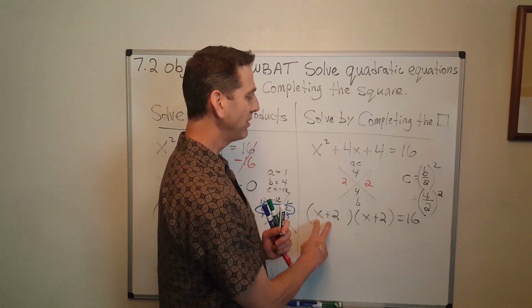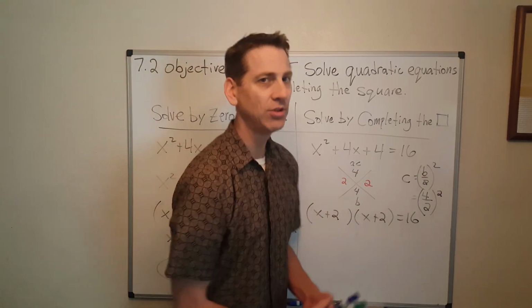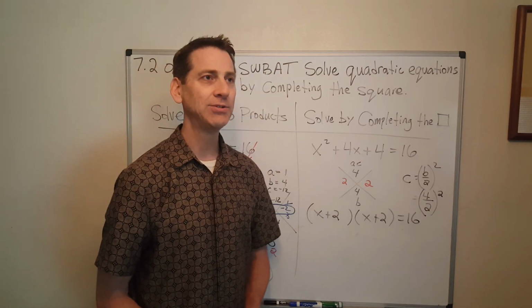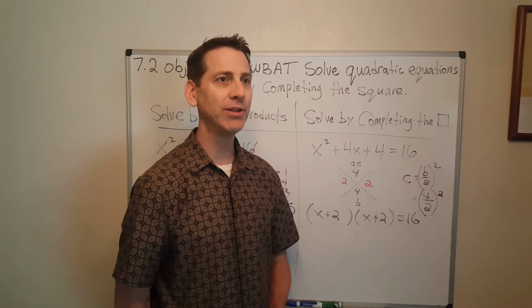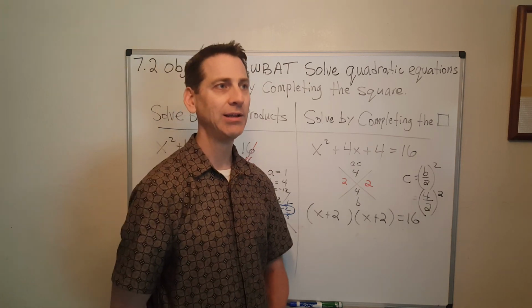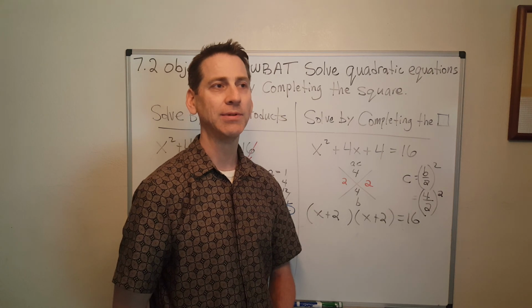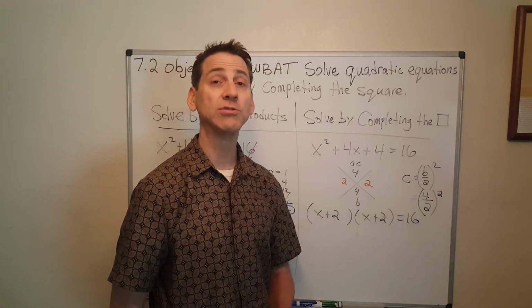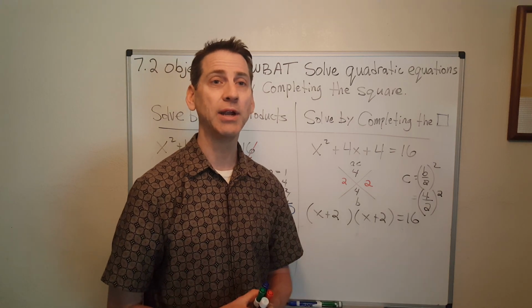I have x plus 2 times x plus 2. Do you know of a shorthand device to write a number that's being multiplied by itself? For example, if I said 3 times 3, is there a shorthand device for that? There is. It's just 3 to the second power, right?